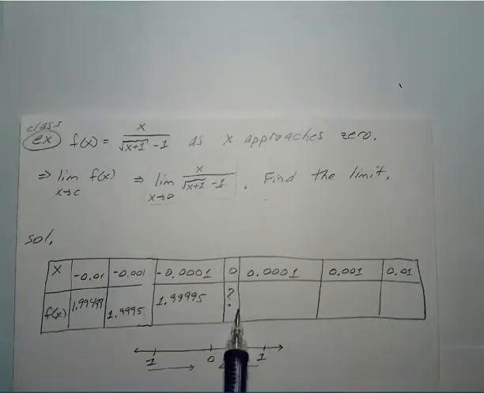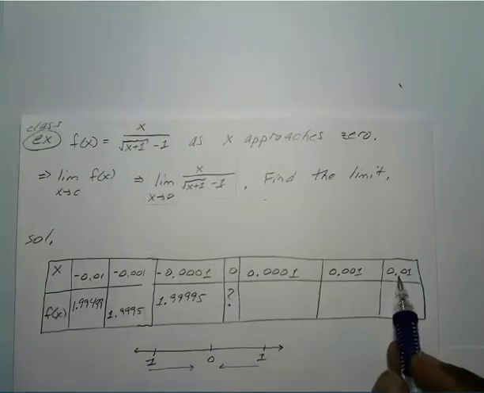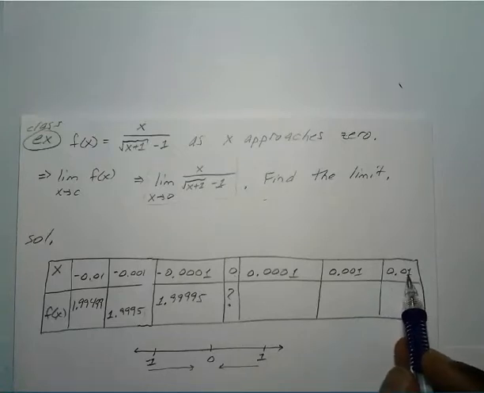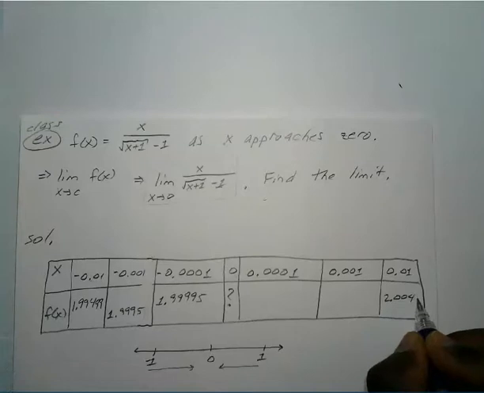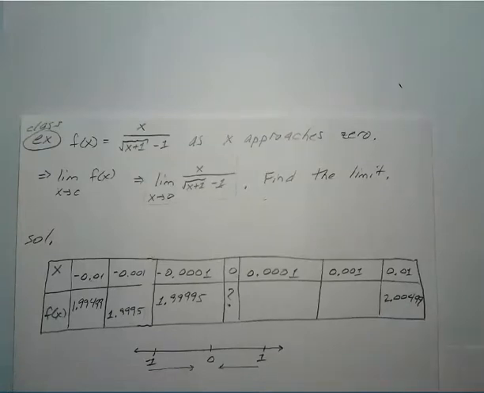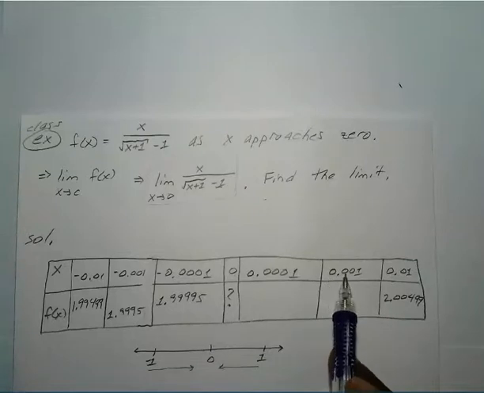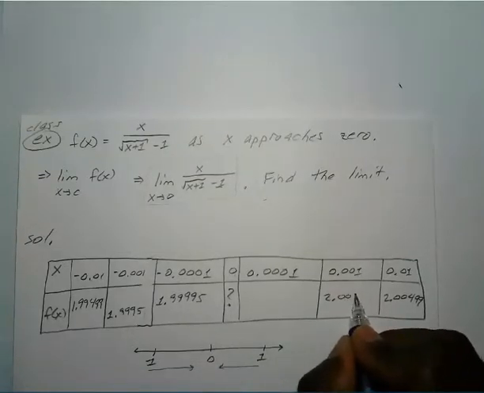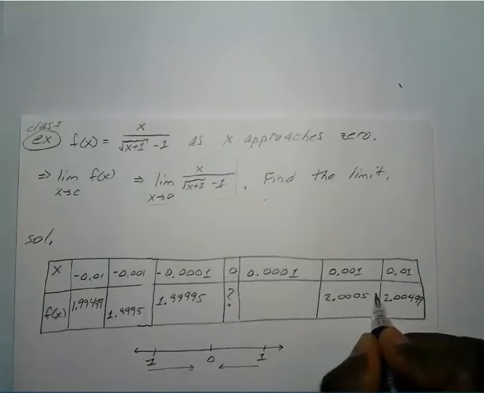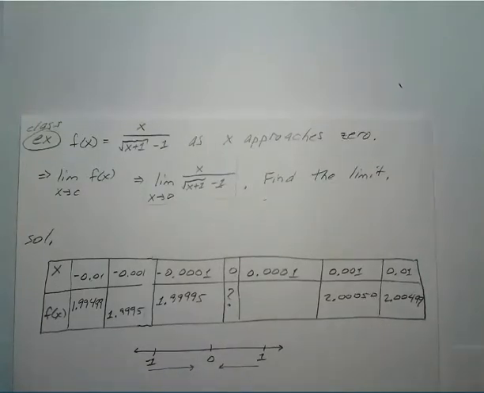So now we'll try it from the right. If you plug in 0.01, you get 2.00499. Okay, if you plug in 0.001, you get 2.0005. You don't have to put the extra 0.